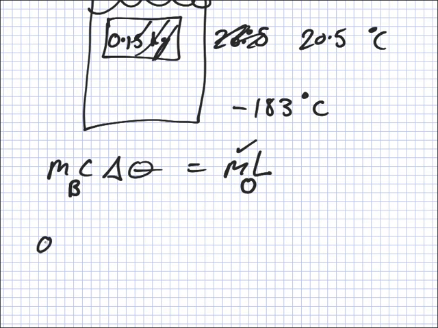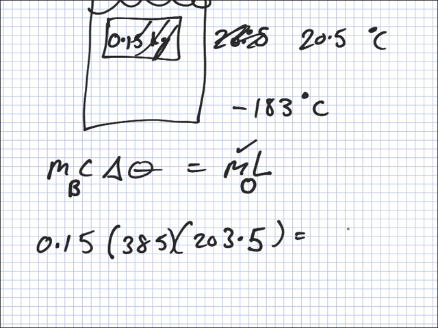So what's the mass? That's 0.15. What's the specific heat capacity of copper? That's 385. What's the change in temperature? It's 203.5, right? I think, yes?